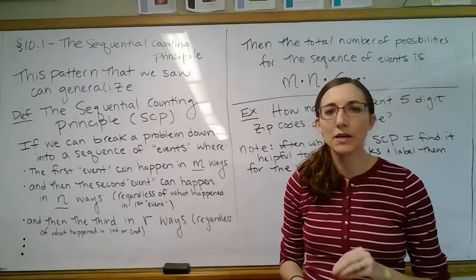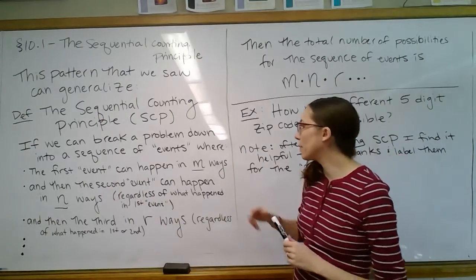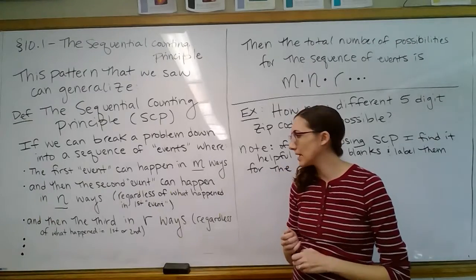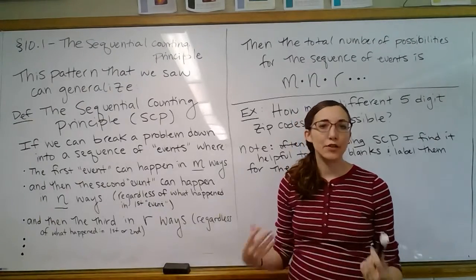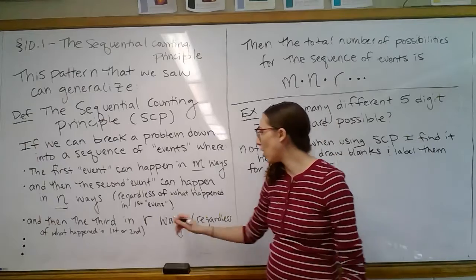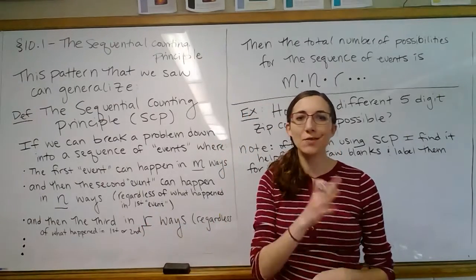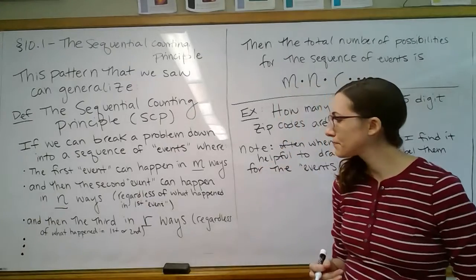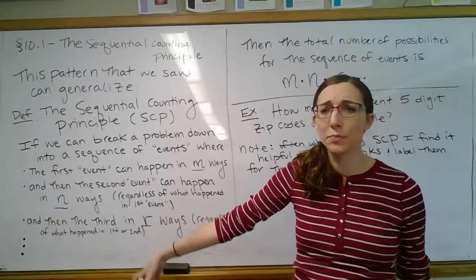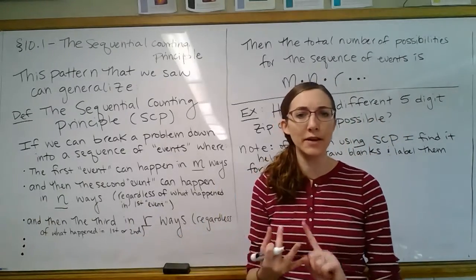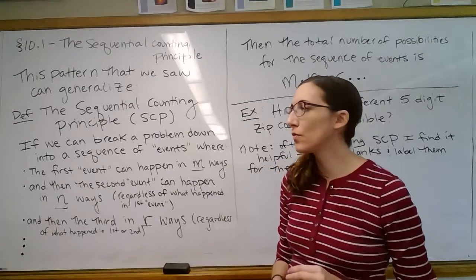It didn't matter what we picked in the first one, the number of options stayed the same. And then say a third event can happen in R ways, and again, that would be the same number of ways no matter what happened previously. And there could be more of these, so I've just put a dot, dot, dot, right? We could have a fourth event, a fifth event, and so on.